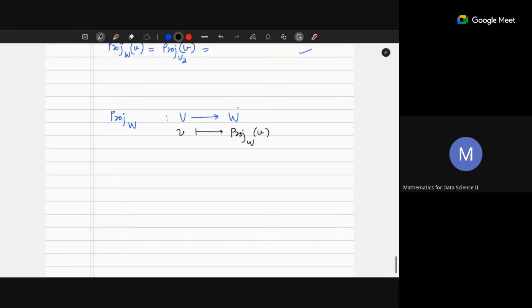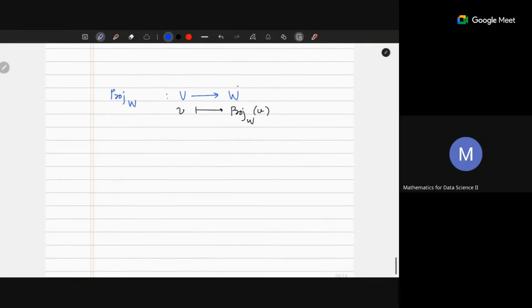Now, what are the properties of this map? The first point: is it a surjective map? Is it a surjective function?